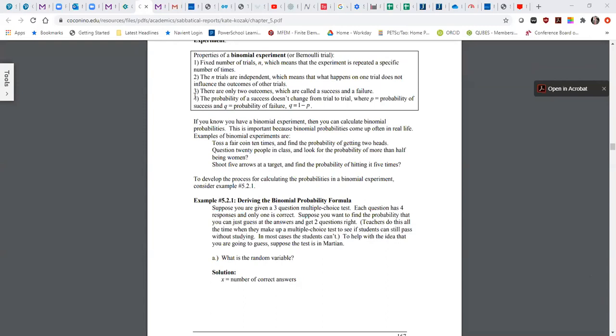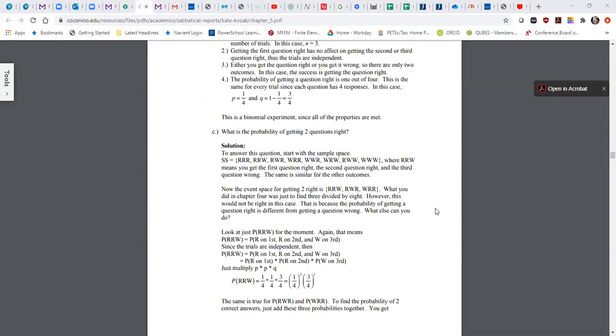And the fourth one is that the probability of success doesn't change from trial to trial. Okay, so I think you will find this in the problems.